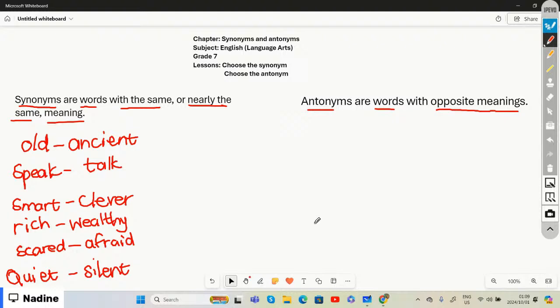And if we look at a few examples of antonyms, antonyms are words with the opposite meaning. Opposite. It's not the same, it is the opposite. And for words with the opposite meaning, what is the opposite of happy?